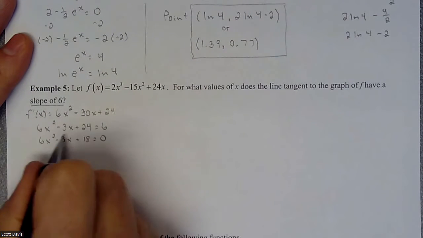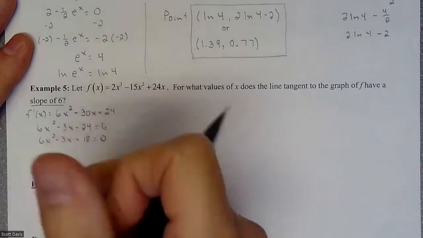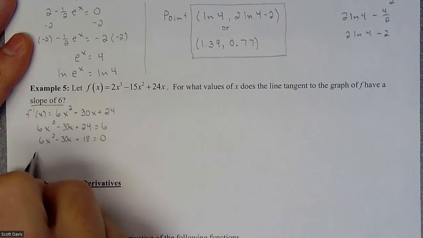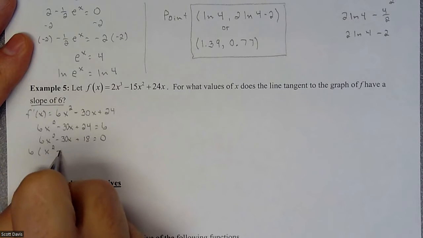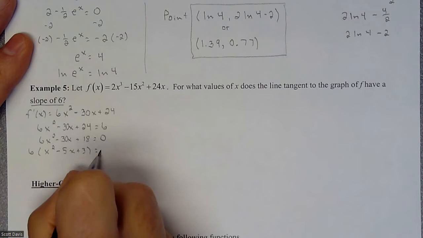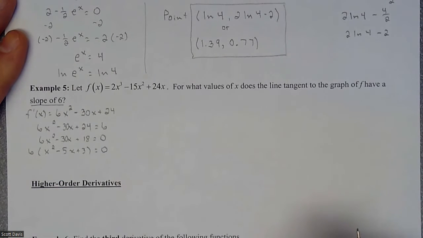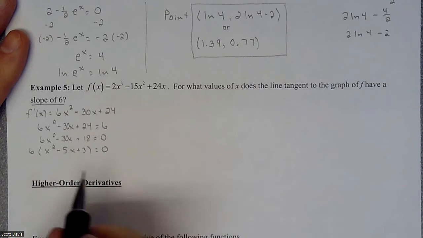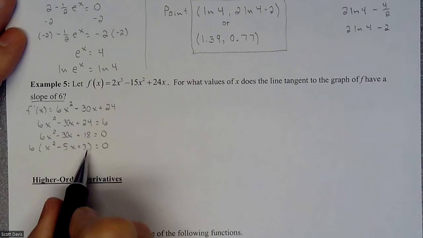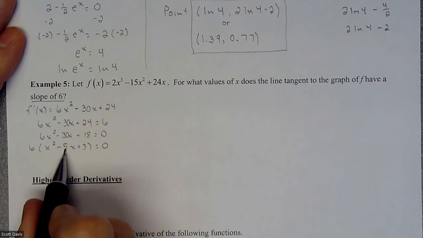All right, so I lost a 0 on there. It's 30. All right, so we can take a 6 out. So that's x squared minus 5x plus 3 equaling 0. Ideally we're looking to see if this thing can factor, but bad news is we have nothing that's going to multiply to 3 that's going to add to -5.